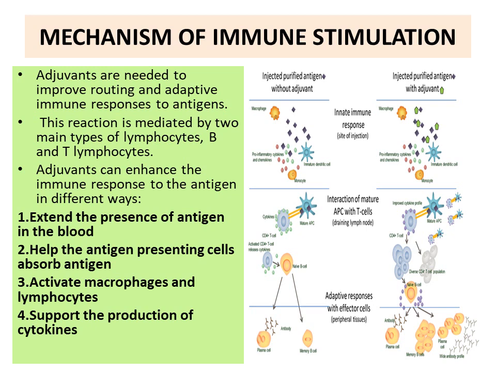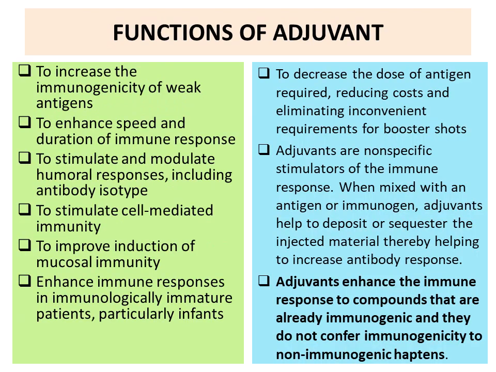Secondly, they will produce a huge amount of cytokines, which will again motivate the enhanced production of B cells as well as the T cells. So a many-fold increase in the production of antibodies and killer T cells is there because of the injection of adjuvant along with the vaccine.